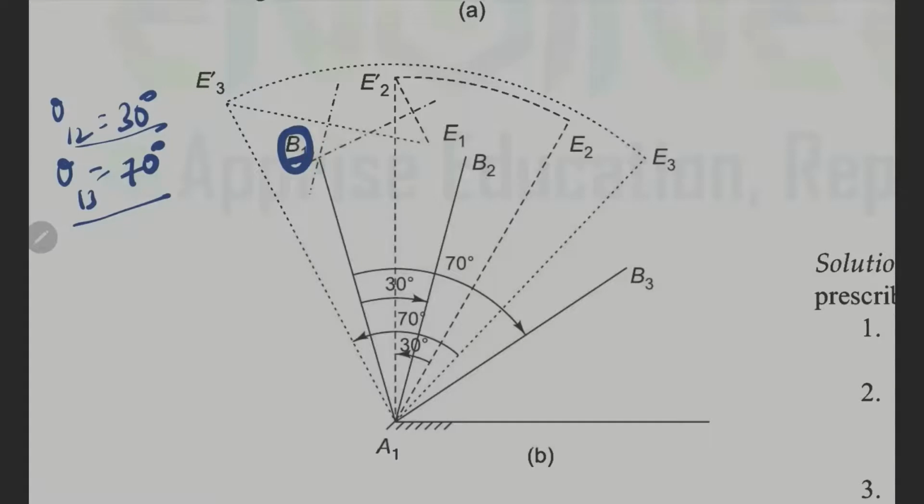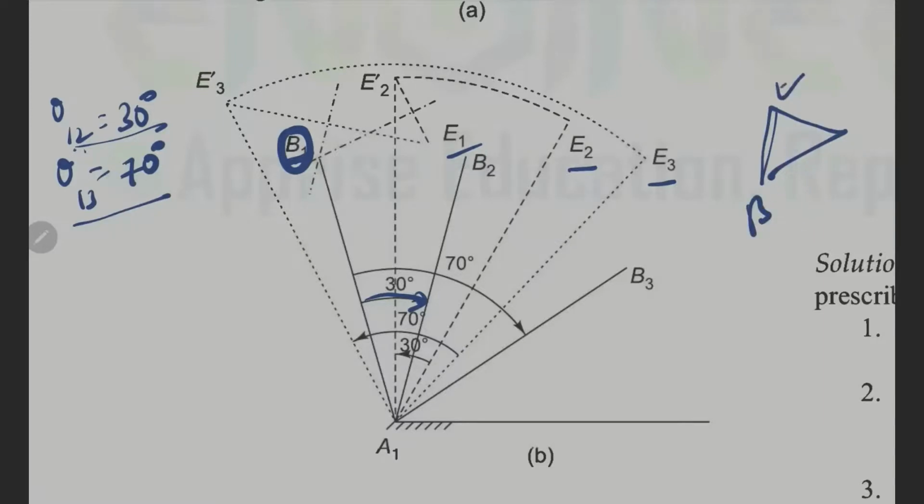That is the first input, and the second input, the position of 2 with respect to 1, is at an angle of 30 degrees. So go clockwise 30 degrees. Why clockwise? Because E2, E3, E1 are the coupler points which lie on the rigid triangle BEC, as we discussed earlier.